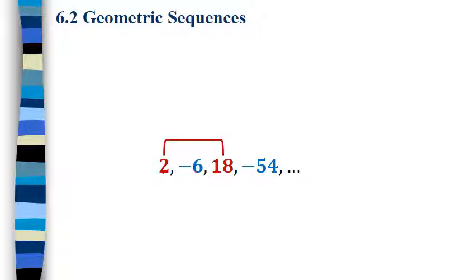In fact, if we look at non-consecutive terms, and we look at multiplying them, because geometric sequences deal with multiplication, we notice that 2 times 18 is 36. And 36 has a direct relationship with negative 6, the term that's in between 2 and 18. Specifically, 36 is the square of negative 6.